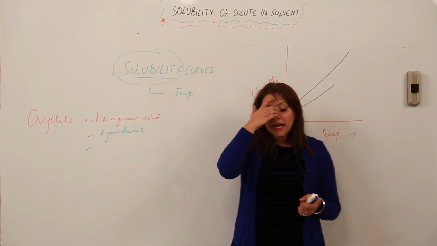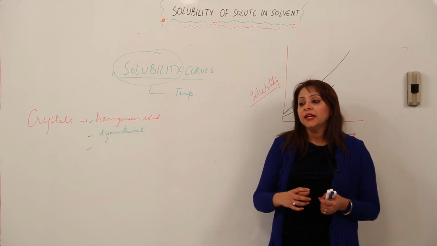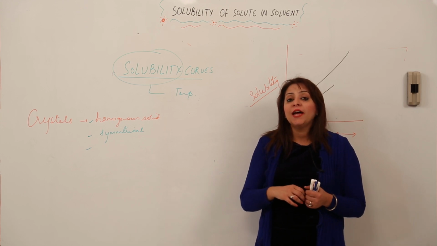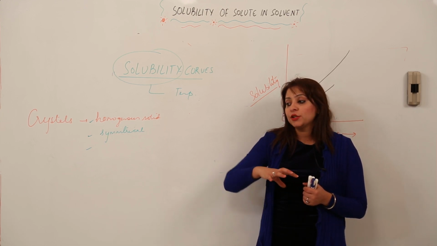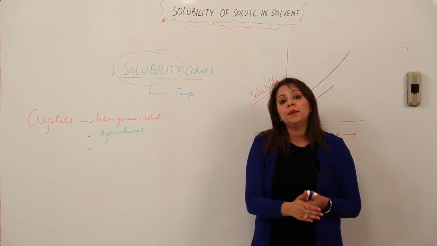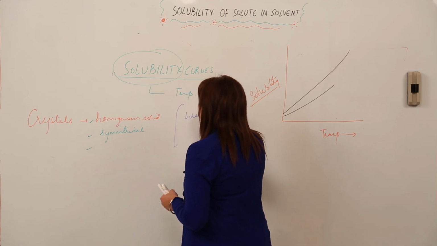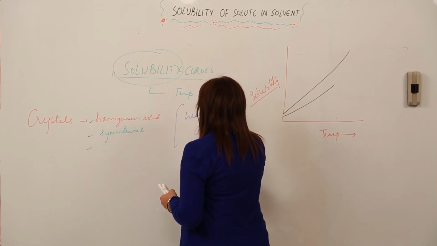But sometimes along with the crystals, some crystals have water combined with them, and a few crystals don't have water combined with them. That water which is chemically combined with the crystals is called the water of crystallization. Let me state an example.